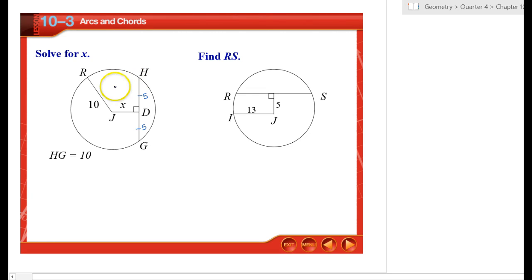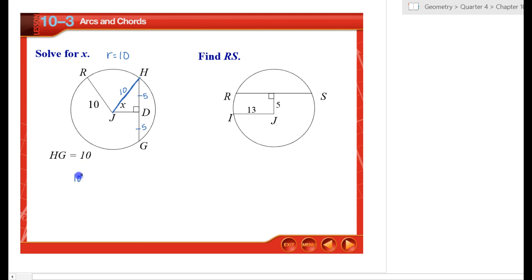Well, what I can do is I know the radius of this circle is 10 because of JR. I'm going to draw the radius here. 10. Now I can figure out x by doing the Pythagorean theorem.